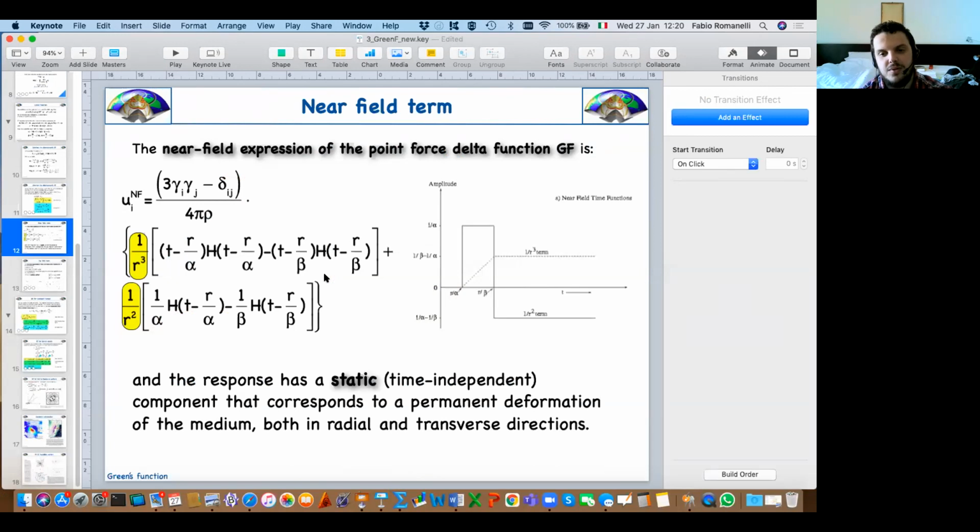Just for summarizing, the near field is like a local displacement? Local, near the source. But actually, now, properly, the source is a point, because it's a single force.